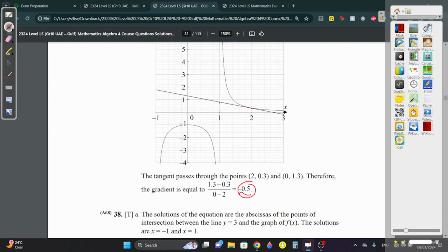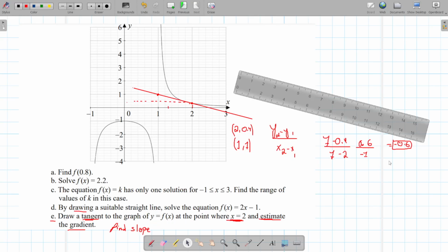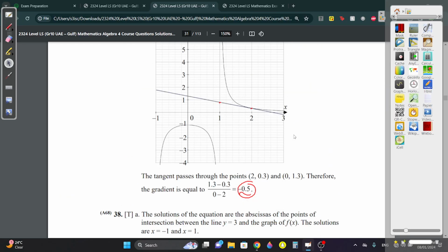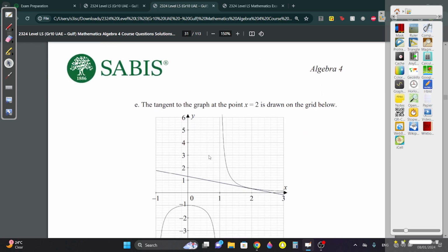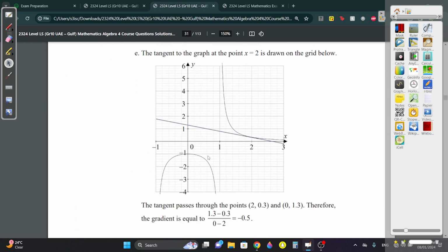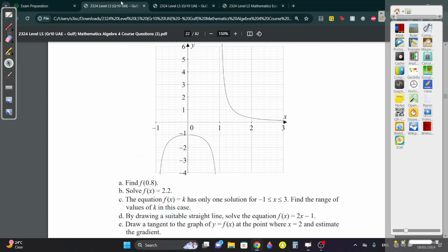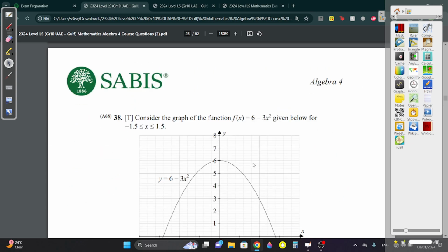Like I said, it depends on what you have on your graph. Since on my graph negative 0.6 is correct, that would be the correct answer. As long as you know how to draw properly and calculate the slope, you should be fine. That's it for 37.